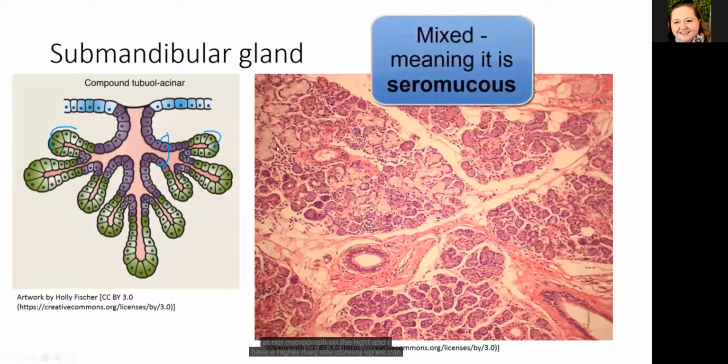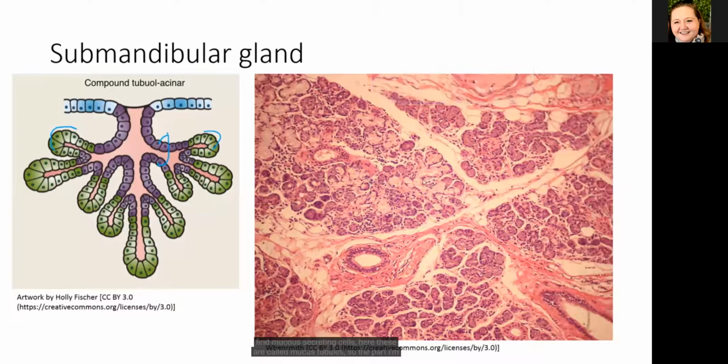If we look at our micrograph on the right, and I have a higher mag one coming up, we can find mucus-secreting cells here. These are called mucus tubules. So the part I'm outlining here in blue is the part that would be purple in our diagram over here on the left. And then the serous secreting portions, there's some good examples down here at the bottom, are largely the kind of half-moon shaped areas that we see out here in the acini.